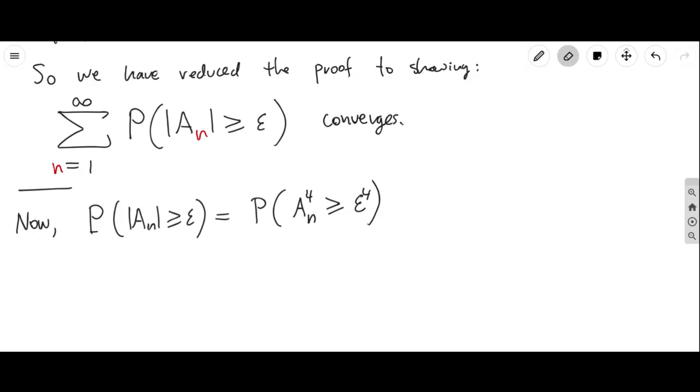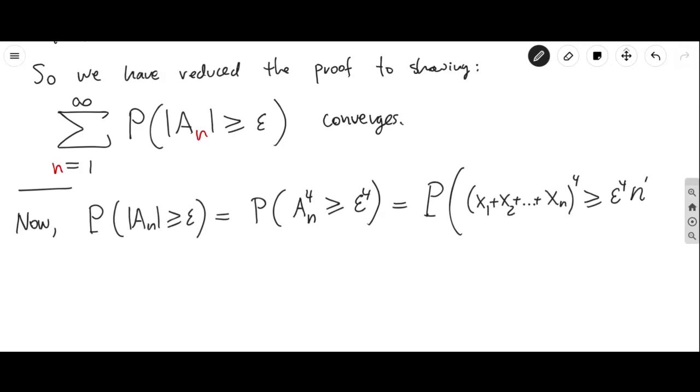But here we have to raise everything to the power 4. Now we have to recall what An is. An is the empirical sum. So this can be rewritten as the probability that (X1 plus X2 plus ... plus Xn) raised to the 4 is greater than or equal to epsilon to the 4. This sum gets divided by n to the 4, but we can clear denominators and put it over here. So this is what we have.